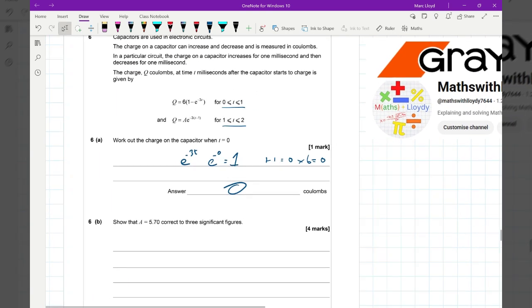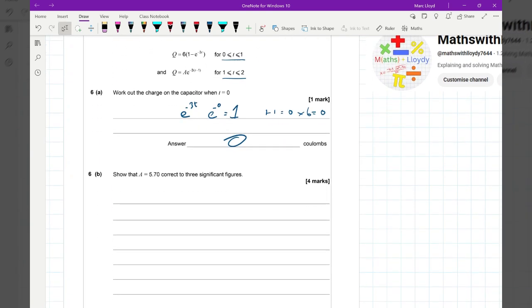Okay, part B. Show that A equals 5.7 correct to 3 significant figures. What I'm going to look at here is that the two expressions are equal when t is 1. So the left-hand side, 6 open bracket 1 minus e to the minus 3, is going to be equal to A e to the minus 3 open bracket 1 minus 1.